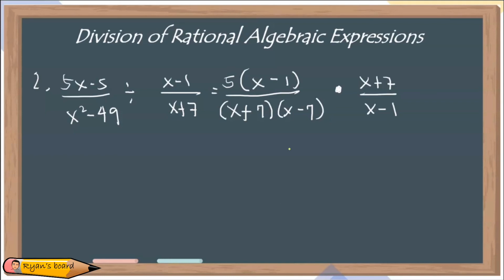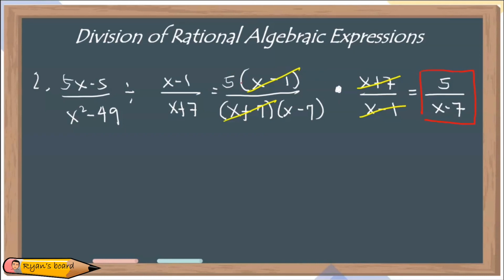Now, nasaan ang pwede nating i-cancel out? X minus 1. Ayun. X plus 7. Okay. Wala na. So, anong natira sa taas? That's 5 over x minus 7. Okay, so this is now our answer.